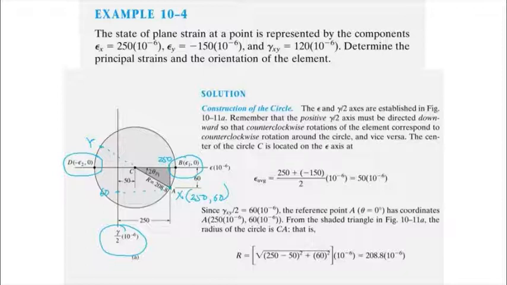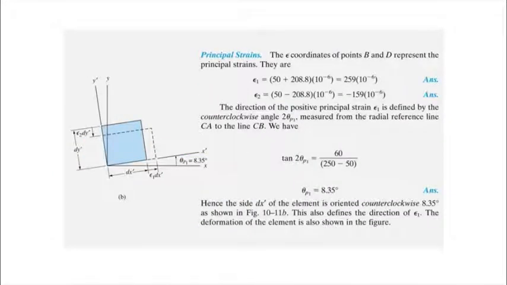We can measure from the graph this angle here, 2 theta P1, and it is counterclockwise from X. If we calculate that value, we find that theta P1 is 8.35 degrees. It's a very small value. And epsilon 1 is 259 microns. Epsilon 2 is minus 159 microns.